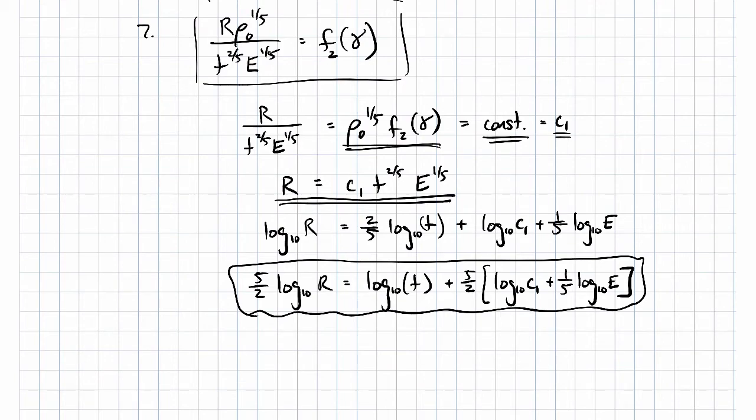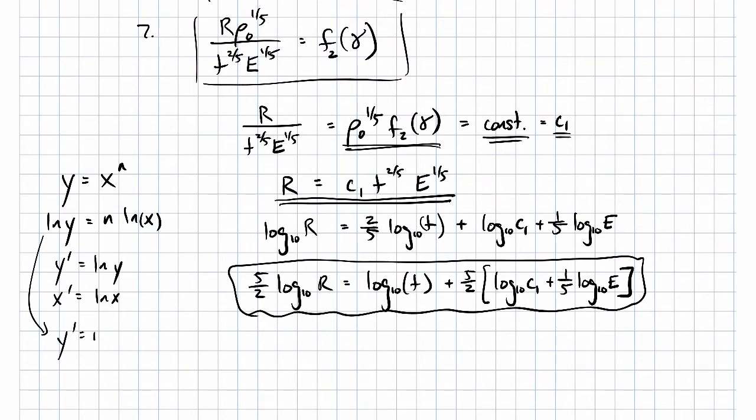Okay, like if I had, for example, y is equal to x to the n, and I took the natural log of both sides here, you'll see that this kind of looks like the equation of a line. If I just made these different variables, let me call y prime the natural log of y and x prime the natural log of x, then this equation ends up becoming y prime is equal to n times x prime.